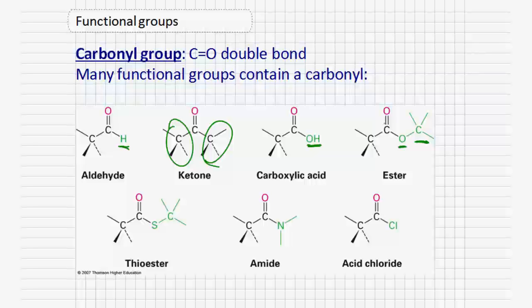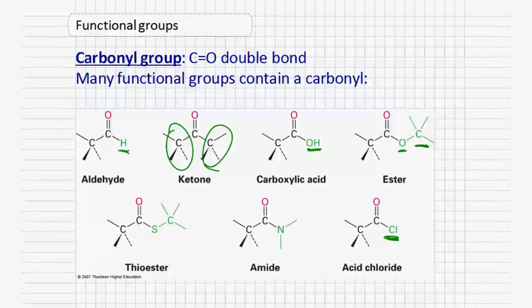And then there's other ones. We won't worry too much about thioesters right now, but amide will come in handy for us later on. It's an N with whatever attached to it that's on the C=O. An acid chloride is just like a carboxylic acid, except there's a chloride instead of the OH.